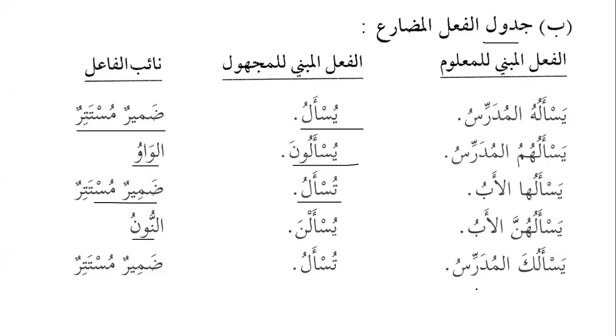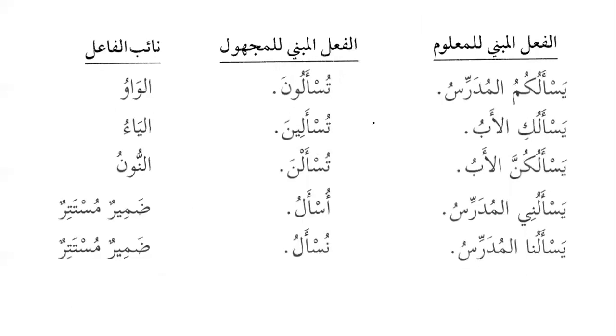And yas'aluka al-mudarrisu, the teacher asked you, and anta tus'alu, you are asked, and here again we have damir mustatir, the hidden pronoun. So huwa yus'alu, and hiya tus'alu, she is asked, and anta tus'alu, you are asked. So here the damir, the pronoun, is hidden.